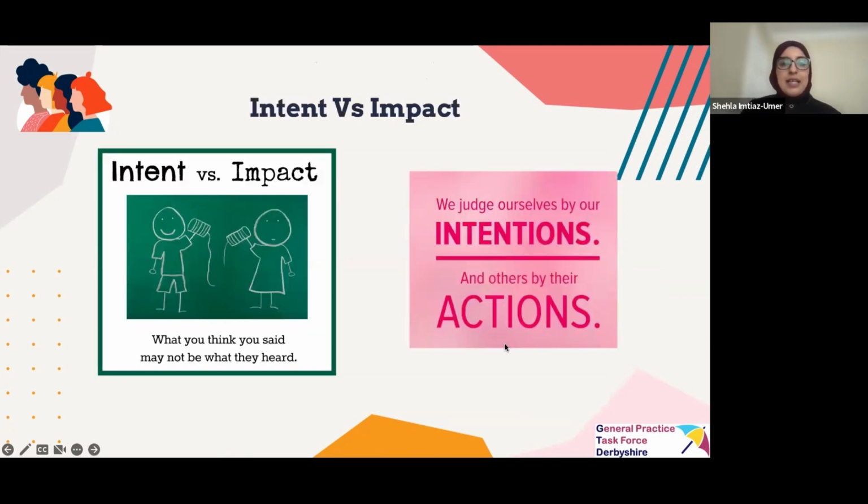So thinking about intent and impact, often when anybody talks to somebody or challenges a particular behaviour, it can come across as, actually, I didn't mean it in that way. And we really need to take a step back and think about actually, your intent may be one thing, but the impact of that is going to be something very different.